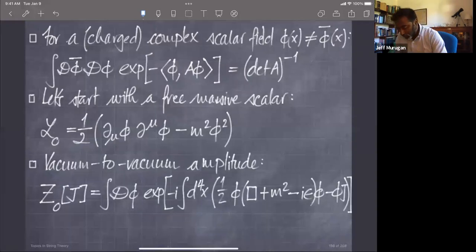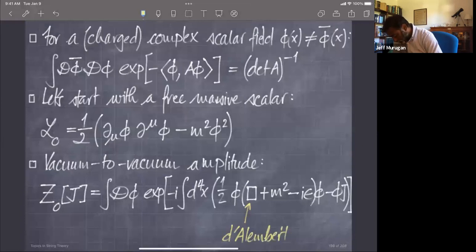So let's unpack this a little bit. This is the D'Alembert operator.